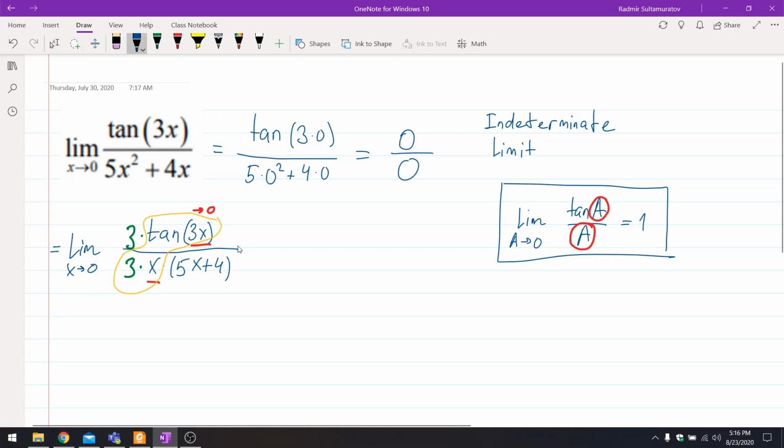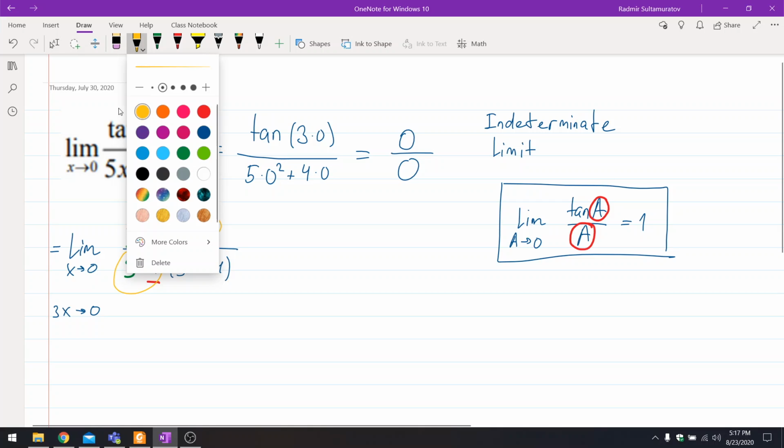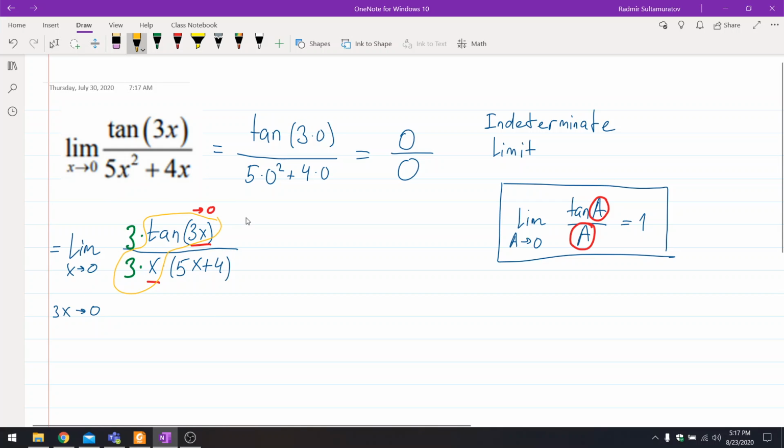And according to this formula, since 3x would approach 0 when x approaches 0, right? If you multiply x by 3, anyway, it will approach 0. So the limit of this expression would be 1.